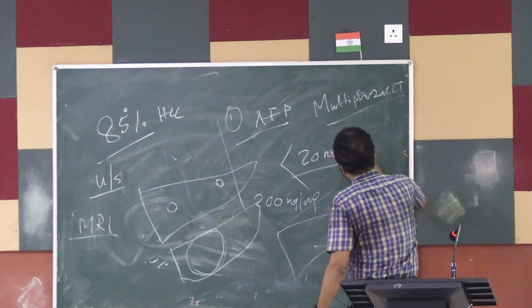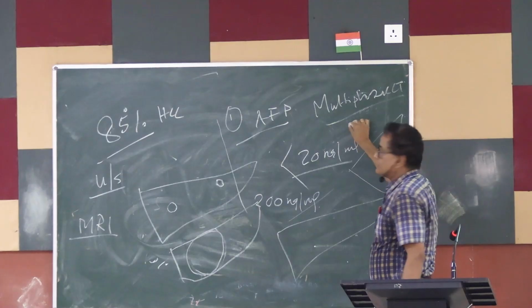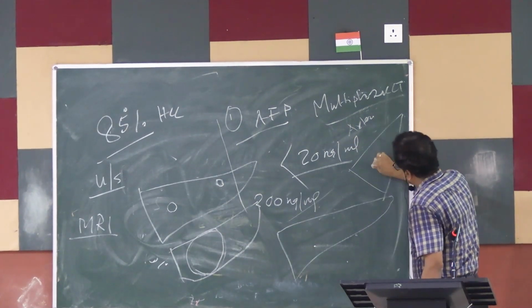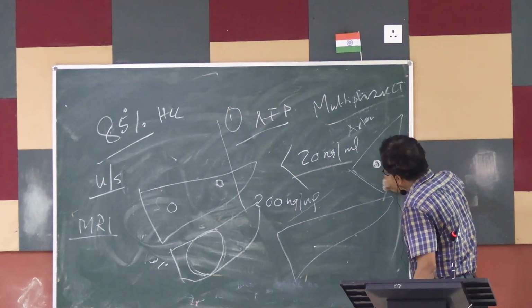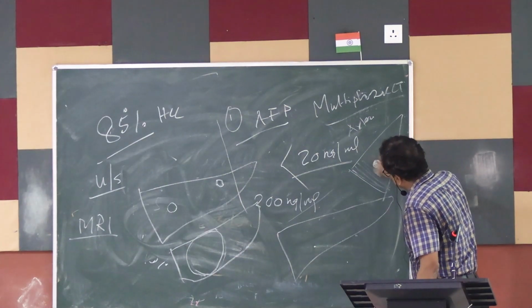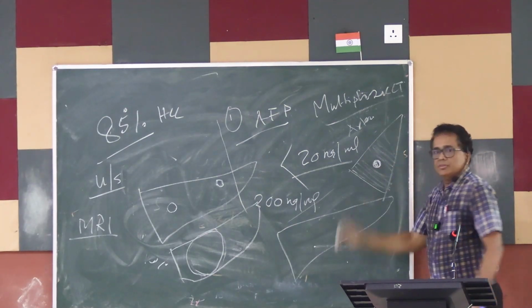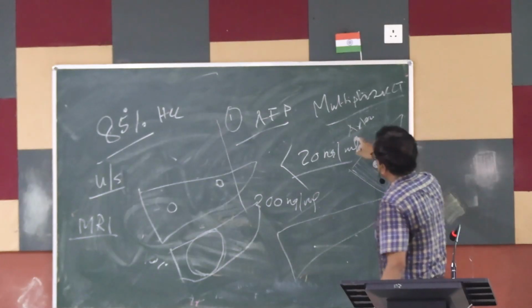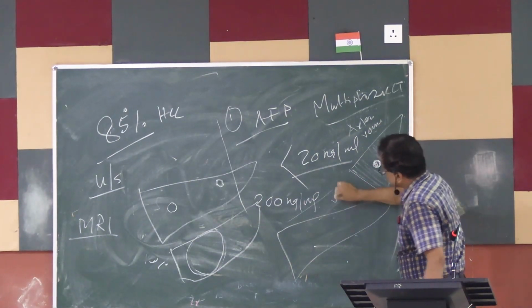That means, suppose this is the liver, you give the contrast, and in the early arterial phase it becomes very enhanced. The rest of the liver tissue will take up dye like this, but this part will be very enhanced. This is called early enhancement. And in the late, portal venous phase, it is called washout.